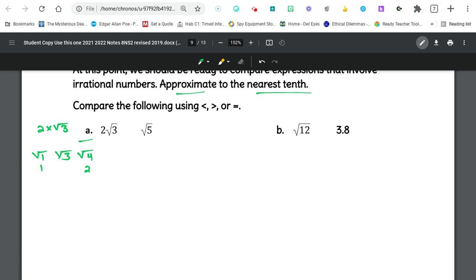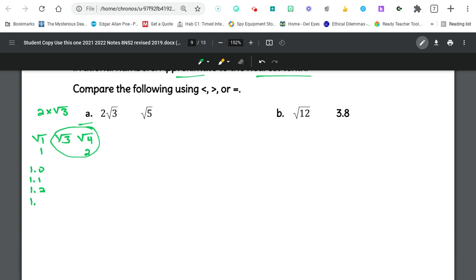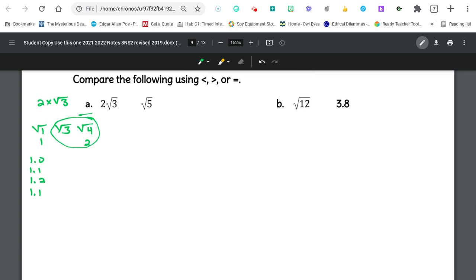I don't really have to start close to 1.0 because the square root of 3 is closer to the square root of 4, because 3 is real close to 4. So I know the square root of 3 is closer to the number 2 than it is to the number 1. Excuse me, that's 1.3. Got a little sidetracked.